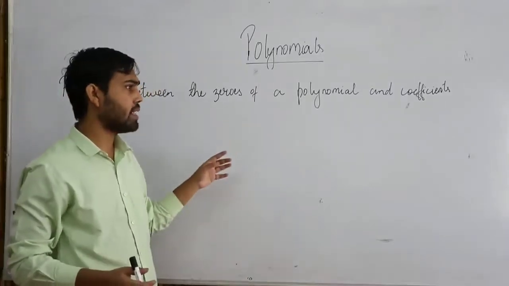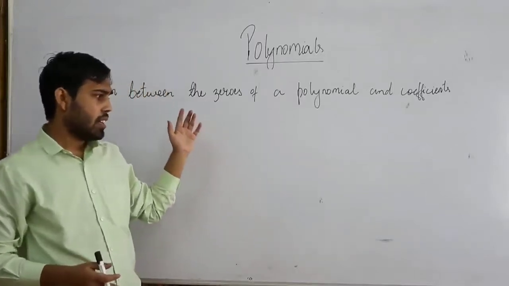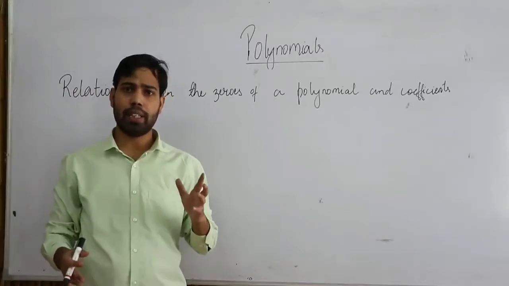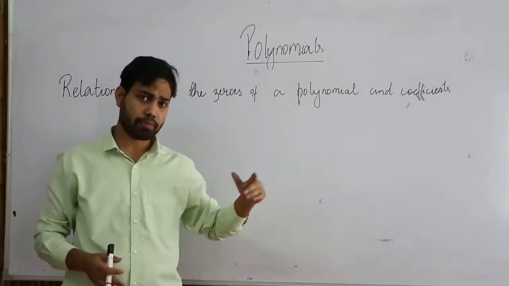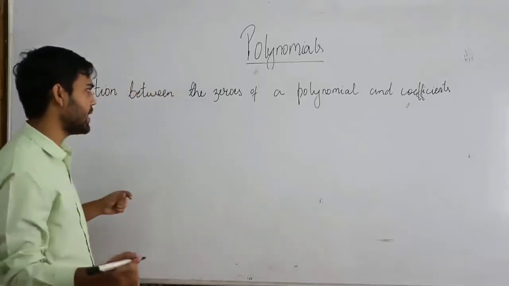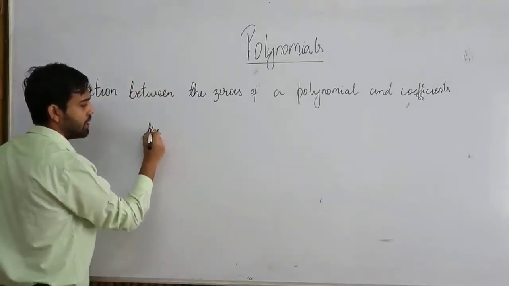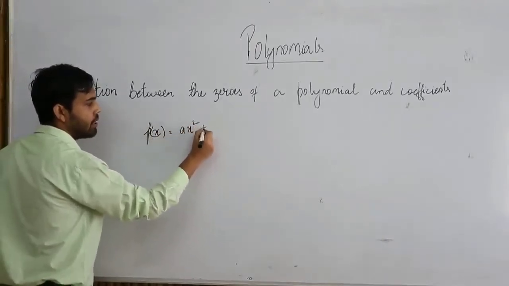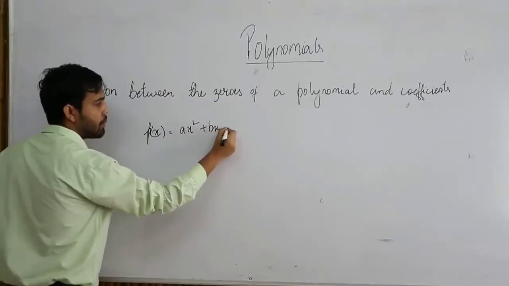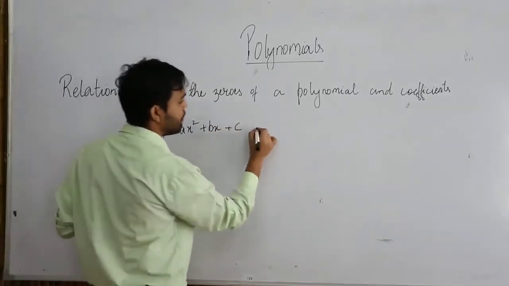So what is the relation, or what is the method of finding the zeros? Basically there's a relation between these zeros and the coefficients of the polynomial given. So let us take an example of a quadratic polynomial. Suppose my quadratic polynomial is ax squared plus bx plus c.